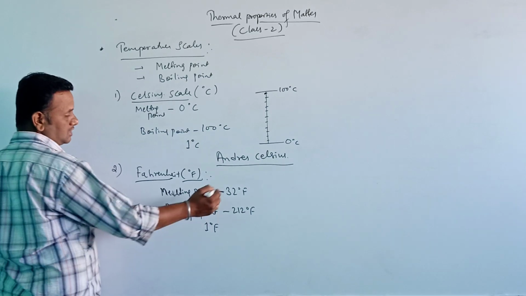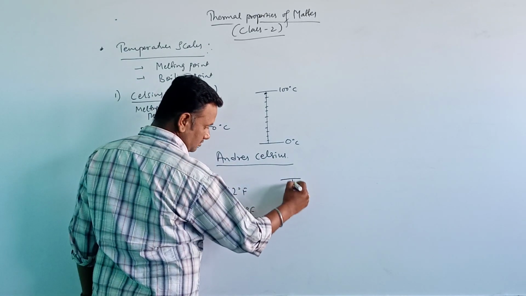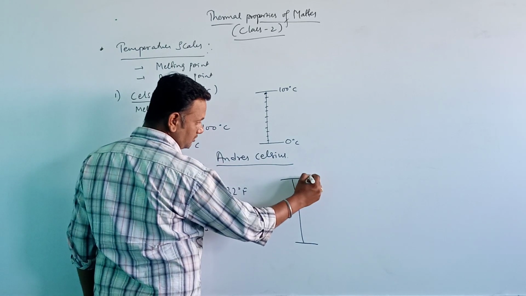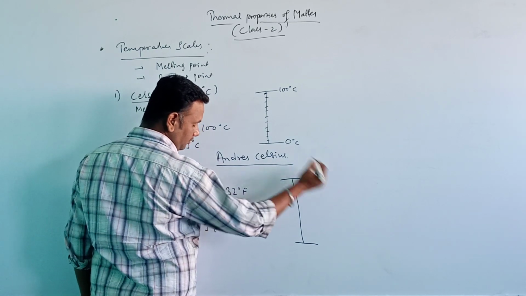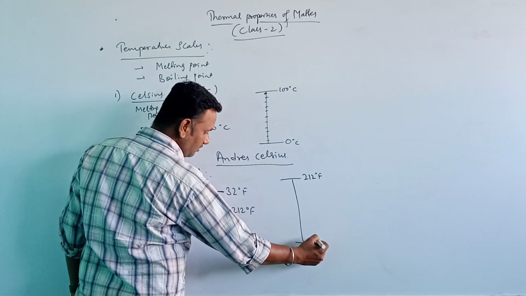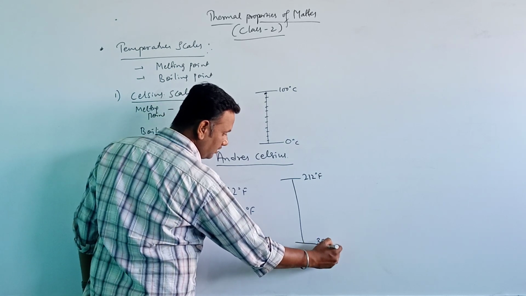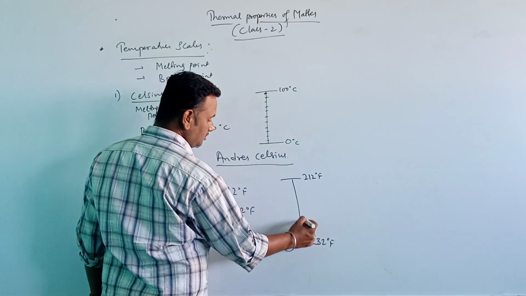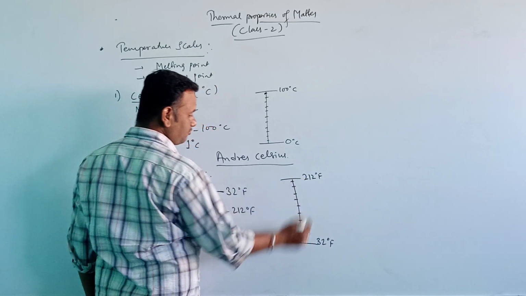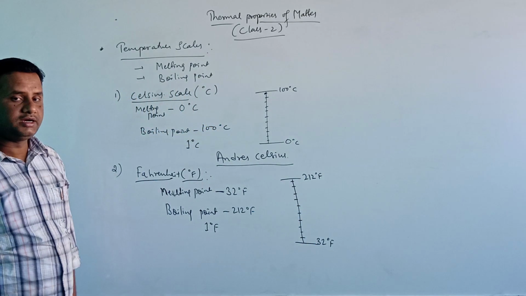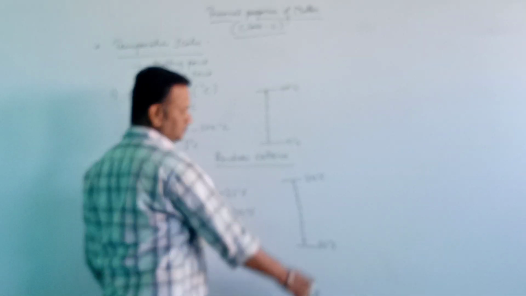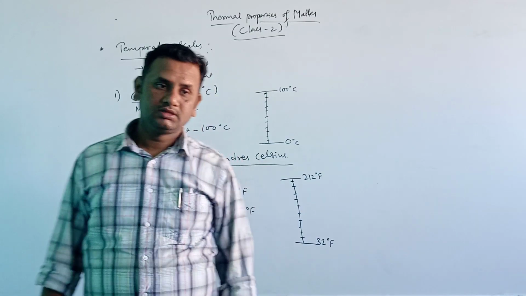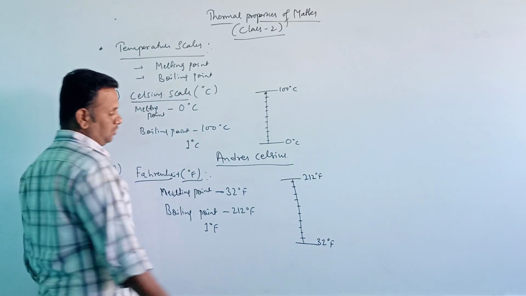In this scale, the boiling point is 212 degrees Fahrenheit and the melting point is 32 degrees Fahrenheit. In between the melting point and boiling point, how many divisions are there? 212 minus 32 is 180, so there are 180 divisions.